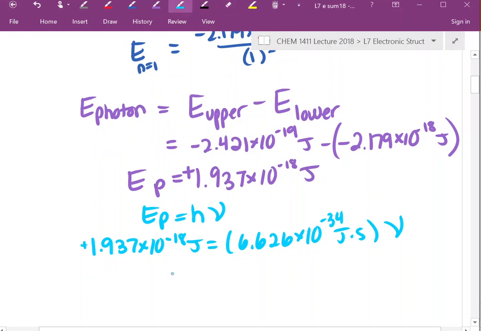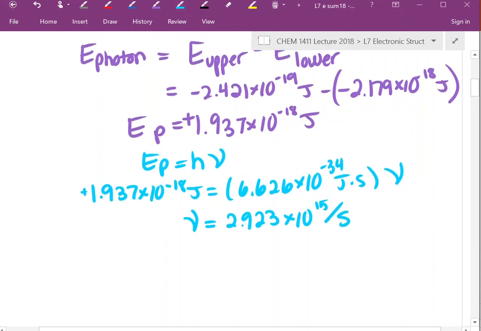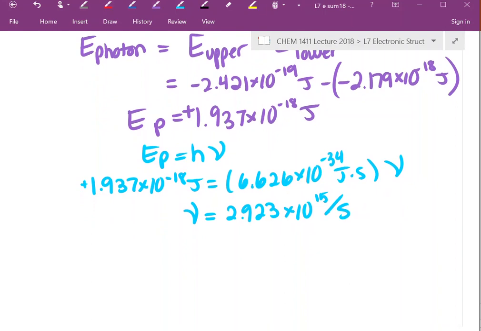Oops, that's not a very good one. We can plug in our constant for the speed of light.